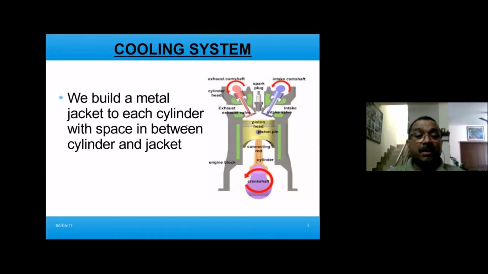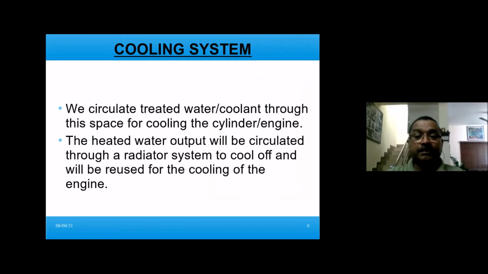So this is the basic of the cooling system. We circulate treated water or coolant through the spaces generated, and we will cool the engine.